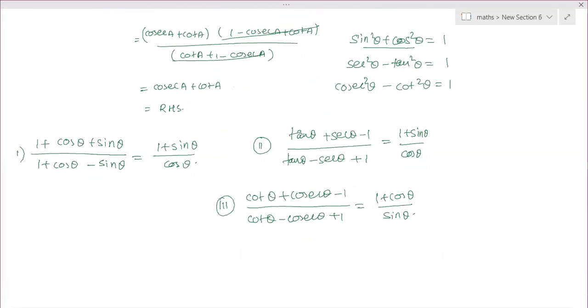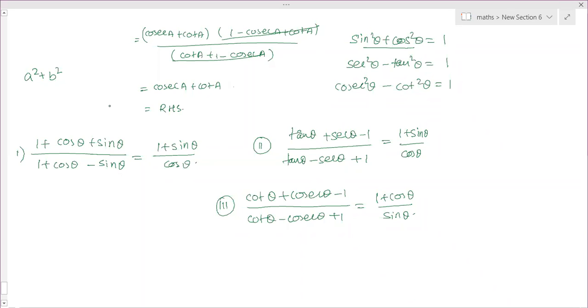Are we able to do? We can factorize a square plus b square, right? A square plus b square can be factorized further. How to factorize?